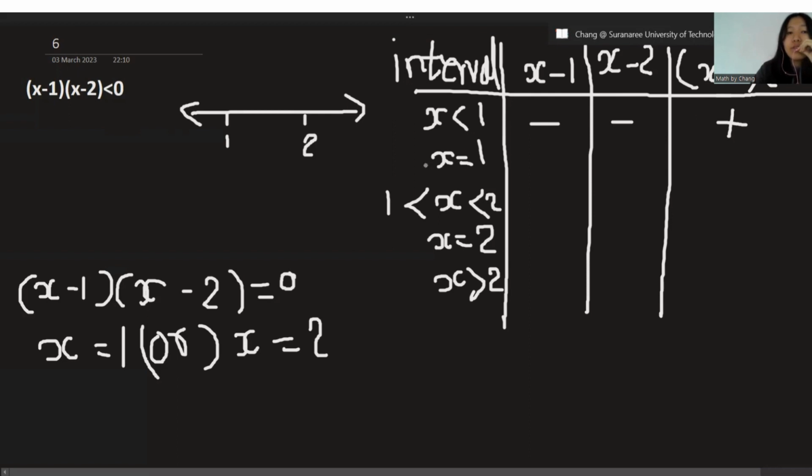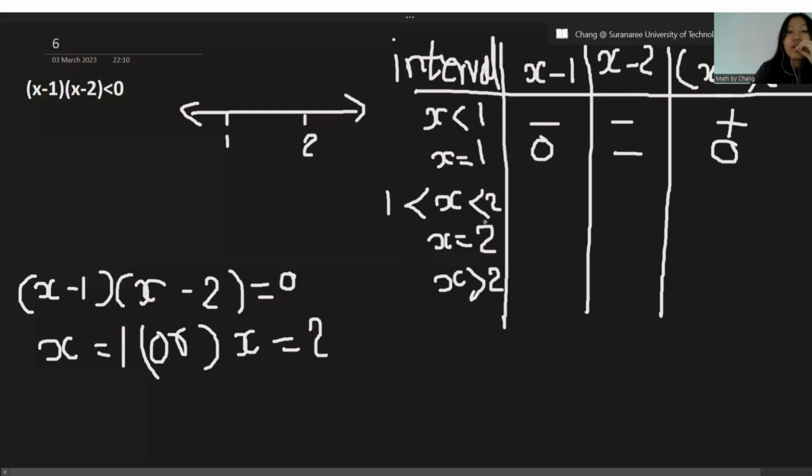So when x equal to 1, what will you get? 1 minus 1 is 0, and 1 minus 2 is minus. What will you get? 0. Is this value satisfying this inequality? No, right? Because the value must not equal 0, so we also don't consider this. If x is between 1 and 2, I will put 1.5.